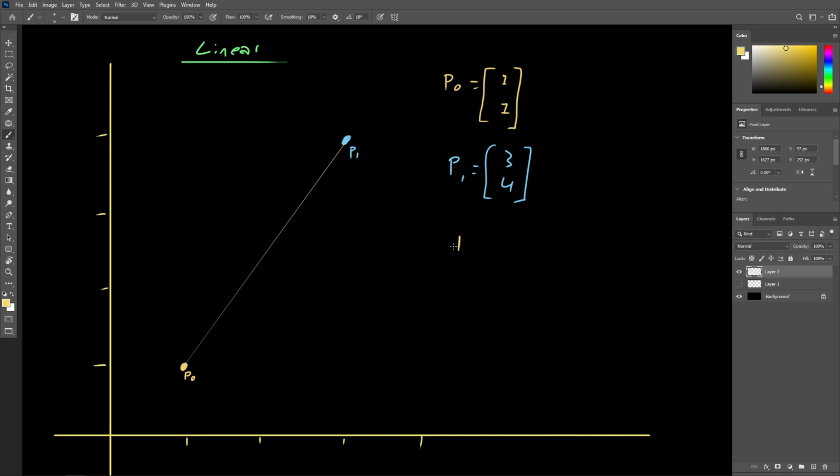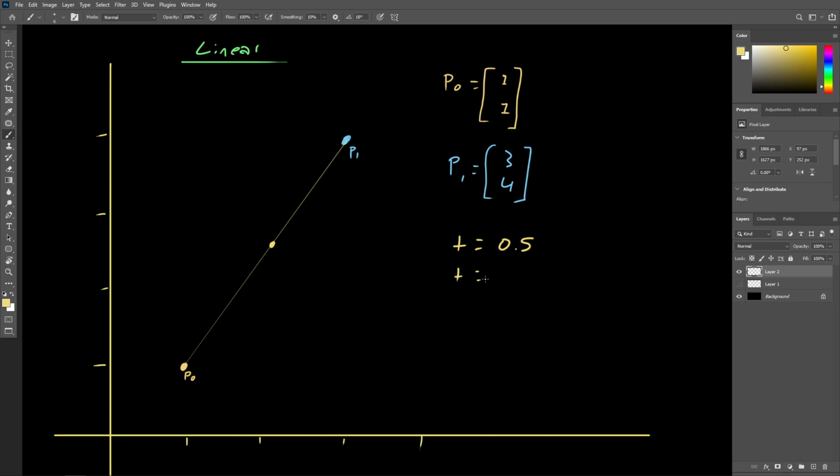So let's start with a t value of 0.5, and let's plot out a point that we'll estimate about halfway, about 50% of the way along this imaginary line we have drawn between P0 and P1. So there it is. There's t equals 0.5.